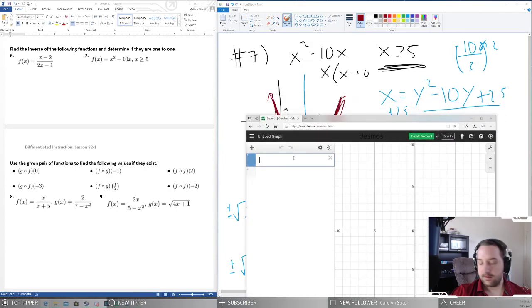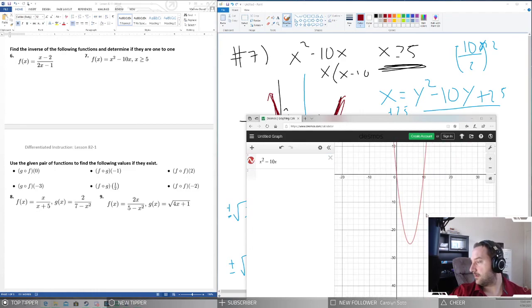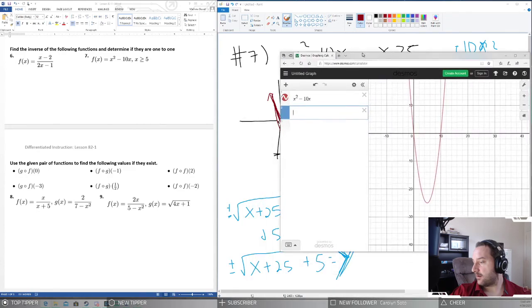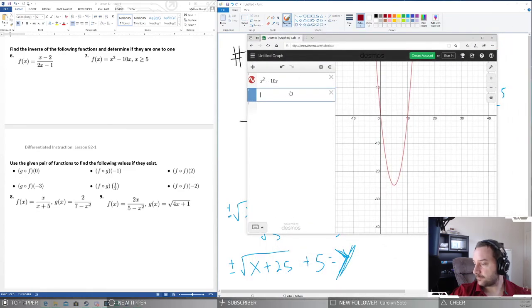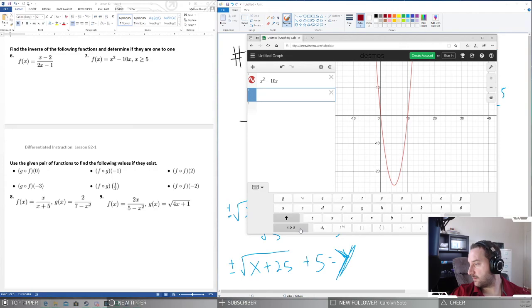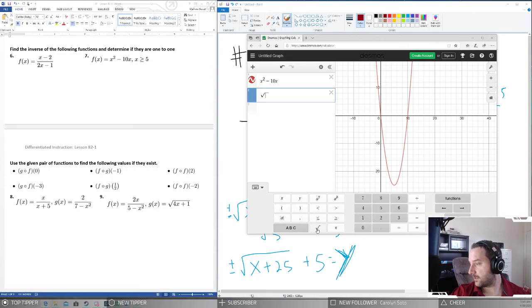So if I had x squared minus 10x. Now, let's look at our inverse. I wonder if we can do plus or minus on this. I don't think so. Yeah, okay, so we have to do both.